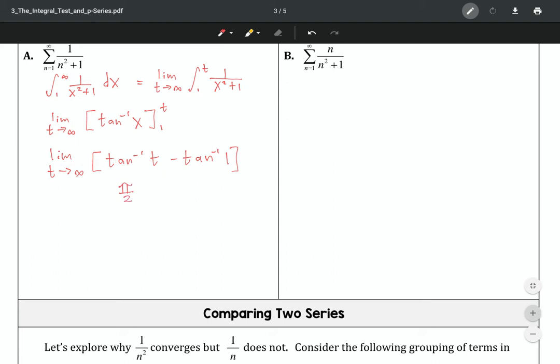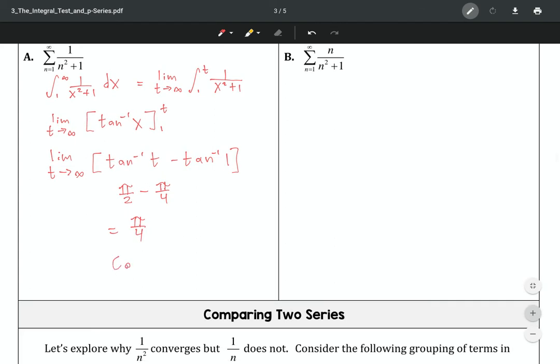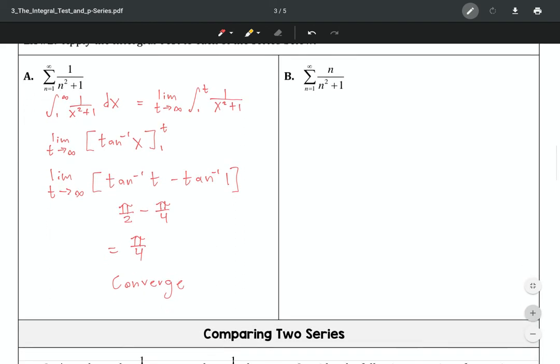So normally you have, this would be your two answers. Now, the answer is going to be pi over 4. Now, remember, that's not the infinite sum, but what that tells us is because the integral converged, then that means that your sum is also going to converge. Okay, so that's all that we know. It doesn't really even matter that the answer is pi over 4. What matters is that it converged to a single value.